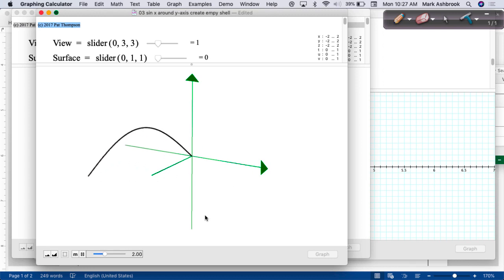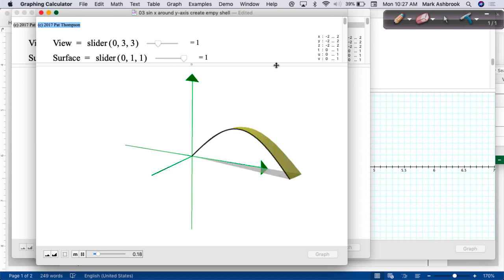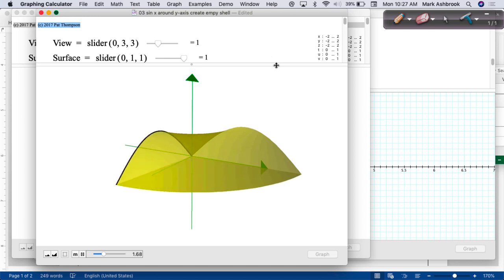If I think about all the points that are swept out in space, what am I going to get? Kind of a donut, but not really a donut.